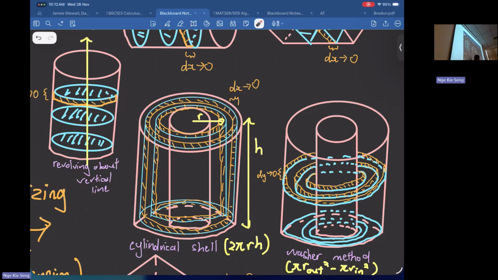So for one, in the x direction, you integrate. And for the other one, you integrate in the y direction. You can see that the thickness also happens in the y direction, and then this thickness happens in the x direction.